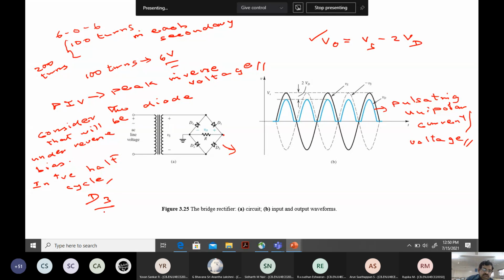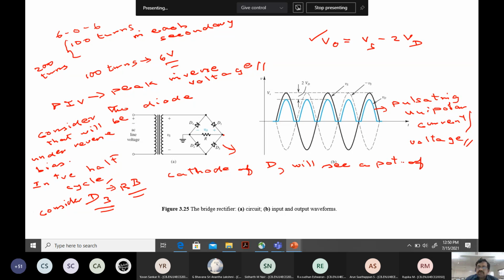So first let us consider D3 as it is under reverse bias. Now the potential at this point, the cathode of D3, will see a potential of V naught.